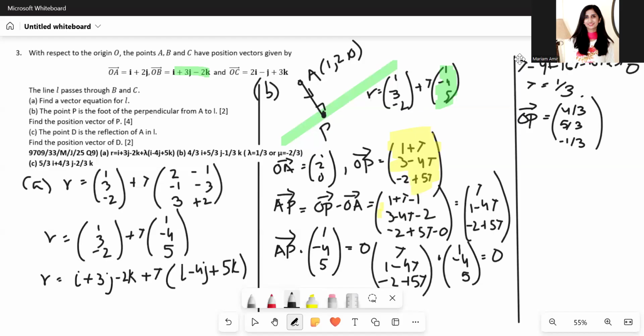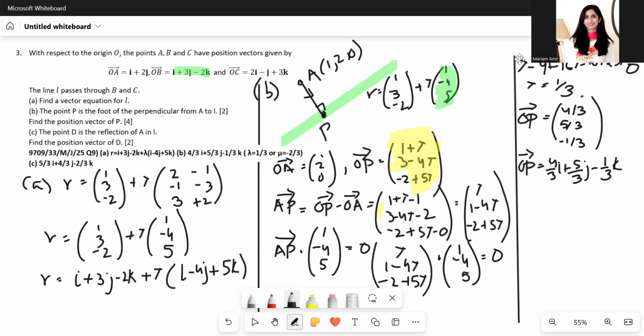And now when you write it in ijk form, you get OP equals 4/3 i plus 5/3 j minus 1/3 k. That's part B.